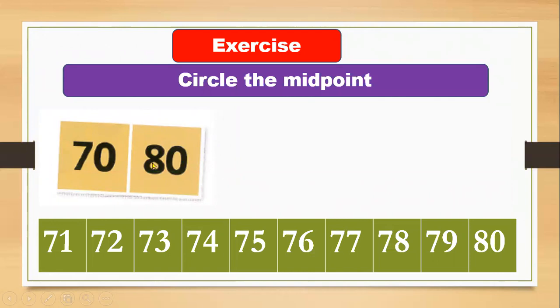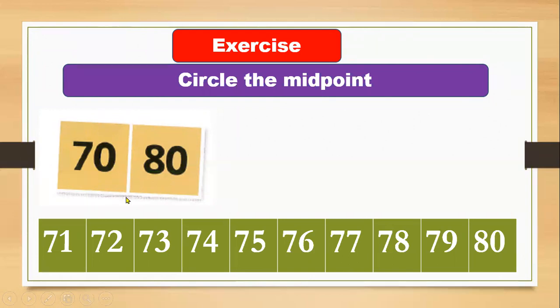Let's do some exercises. This is the first question in your learner's book. You can see 70 and 80. We have two multiples of ten, 70 to 80.